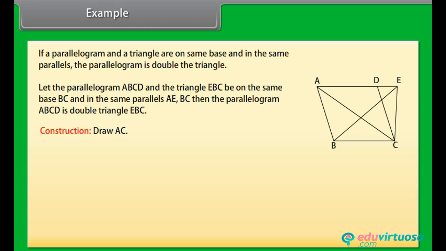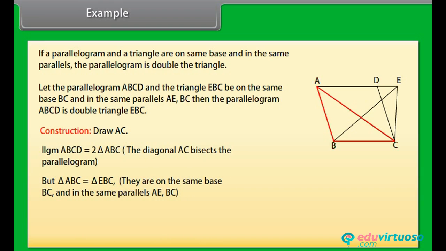Since AC bisects the parallelogram, the parallelogram ABCD is double triangle ABC. But triangle ABC is equal to triangle EBC because they are on the same base BC and in the same parallels AE and BC. Therefore, parallelogram ABCD is also double triangle EBC, hence proved.